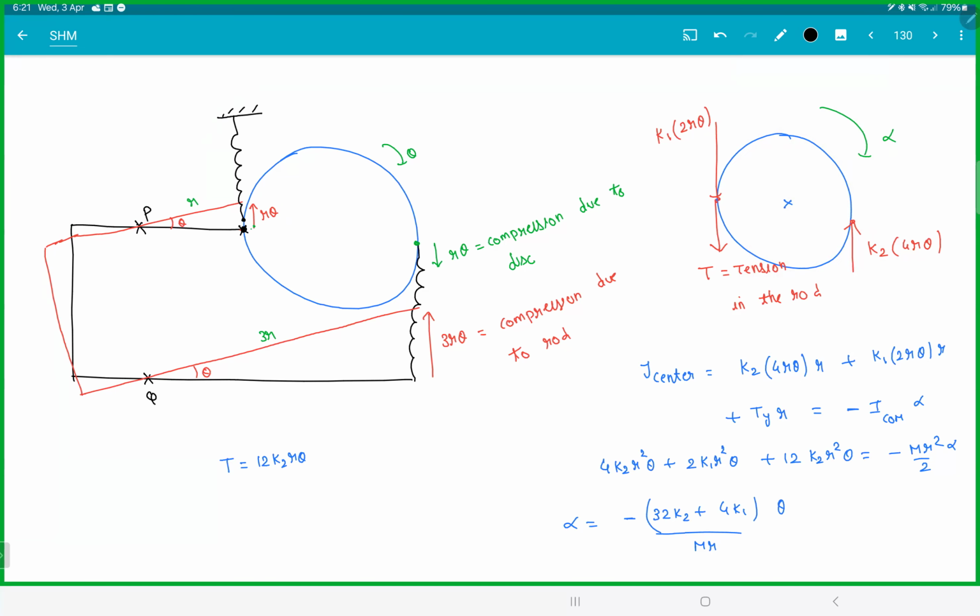So when this moves r theta, the rod also moves r theta, the spring also moves r theta. But here, if you see, two things happen: the disc's compression and the rod's compression. So here we'll get only K1 r theta.